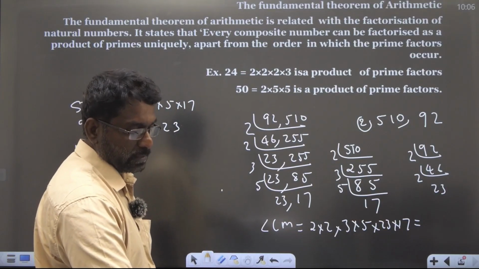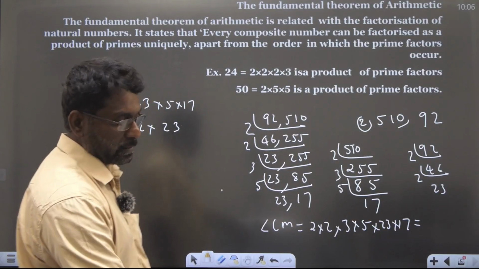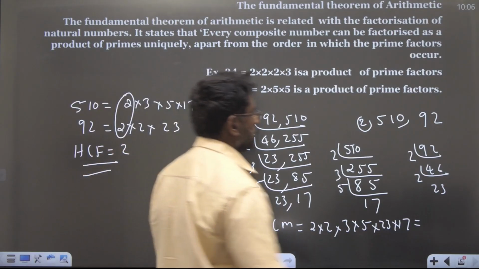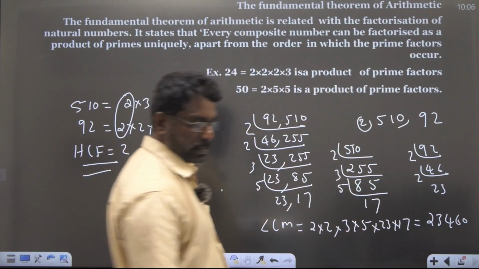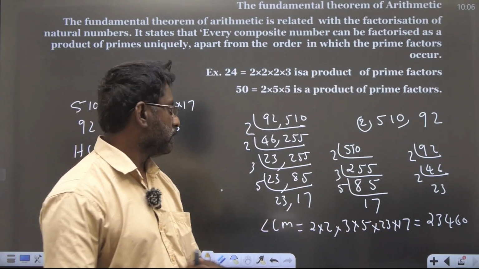Multiply these numbers and you will get 23460. This is the LCM, 23460.